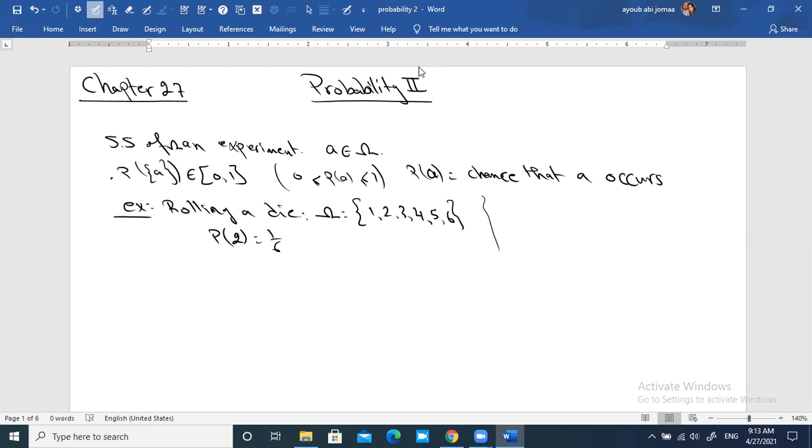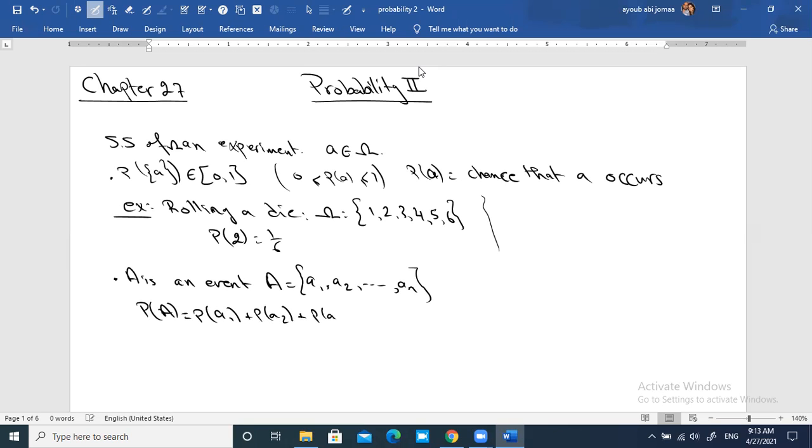If event A is a subset of the sample space, and A contains a set of outcomes, let's say A1, A2, A3, up to AN, then the probability of this event A is the sum of the probabilities of each outcome: probability of A1 plus probability of A2 plus probability of A3 plus etc., till the last one.